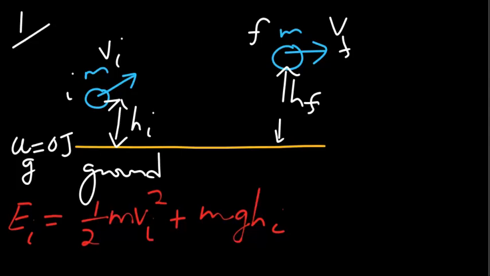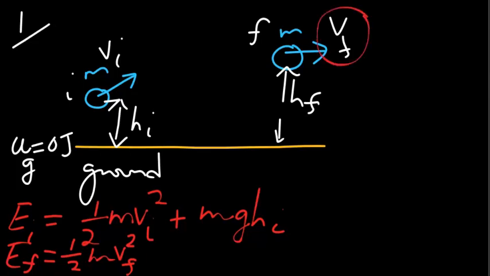Now let's look at the final point. At the final point, the total energy also consists of two forms. One is the kinetic energy, half m vf squared, where vf is the speed of the object at the final point, and the other is the gravitational potential energy of the object-Earth system at that point, m g hf.